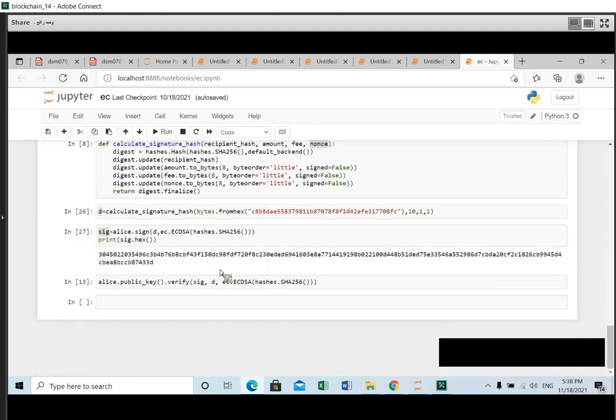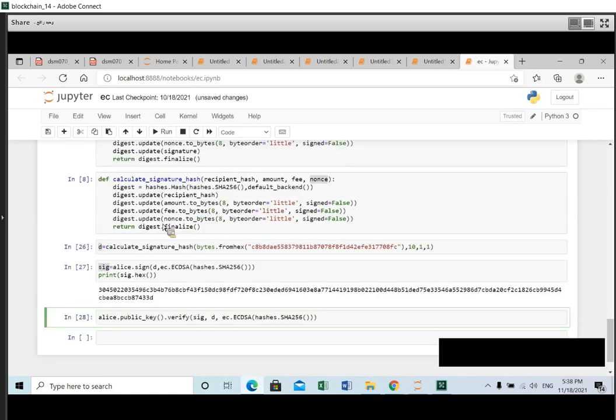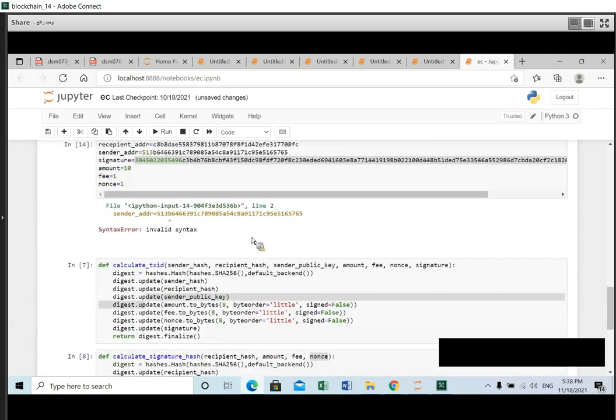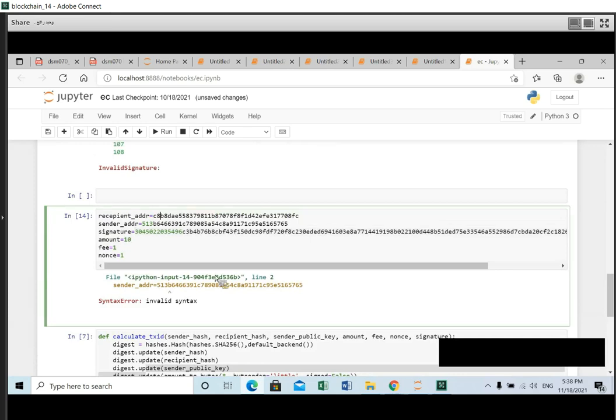But what if Eve changed something? For example, if Eve changed this address, suppose that this is Eve's address. I just changed one address. Now we have a different address.